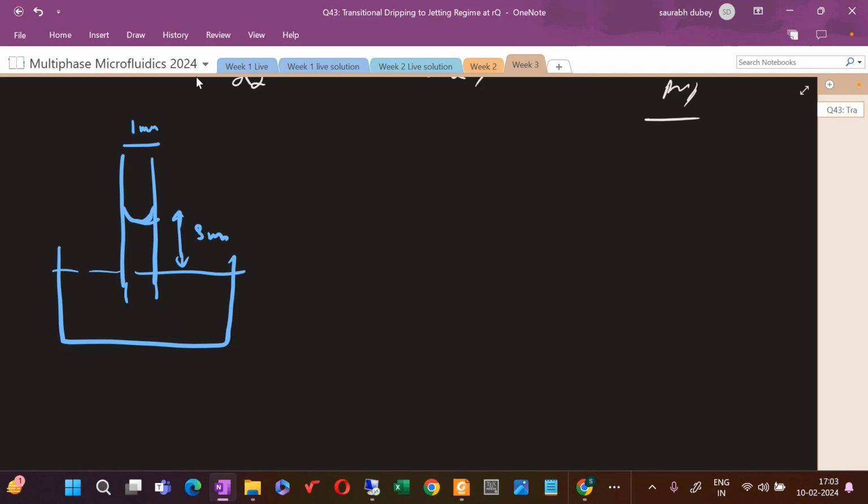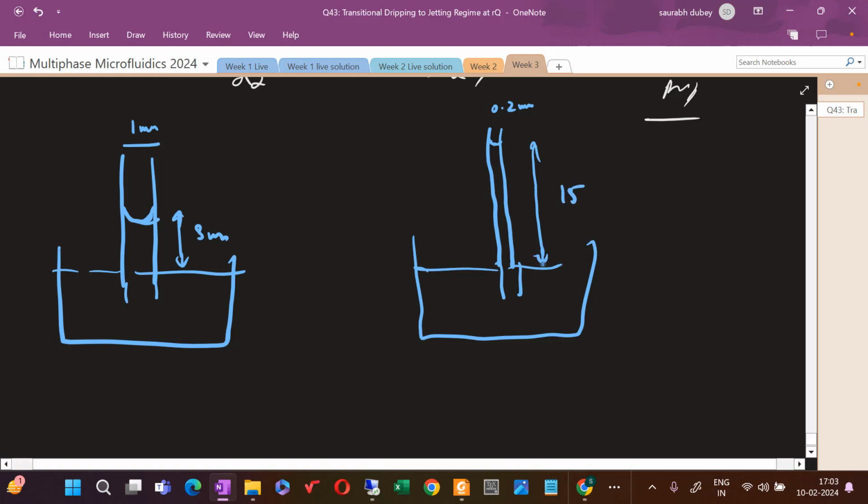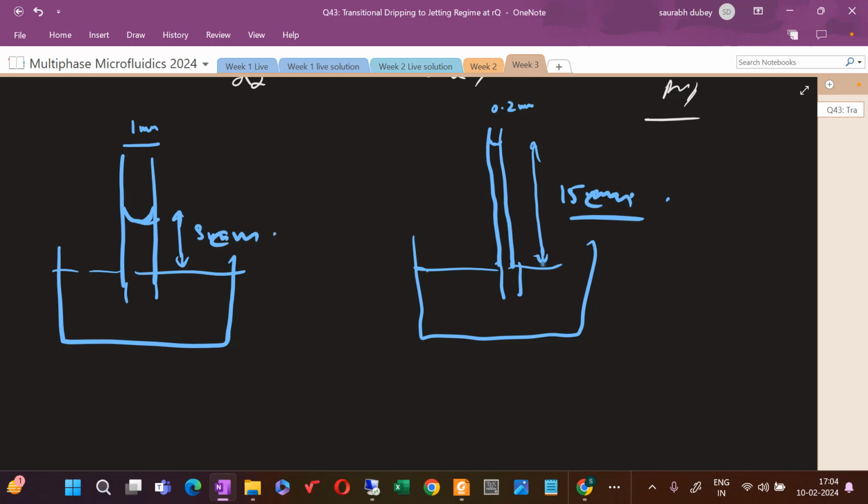But when you had this thinned down to 0.2 mm, then the height became here, which is 15 mm. So 15 centimeter, and this was 3 centimeter. That is the correct answer for this.